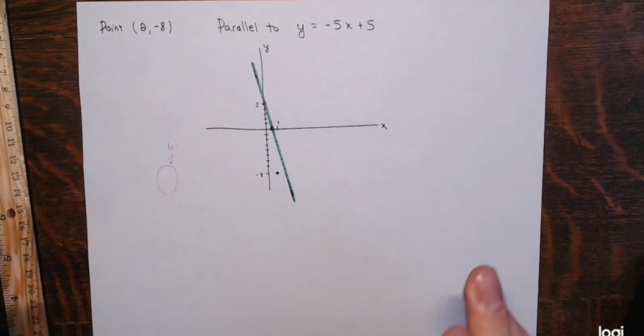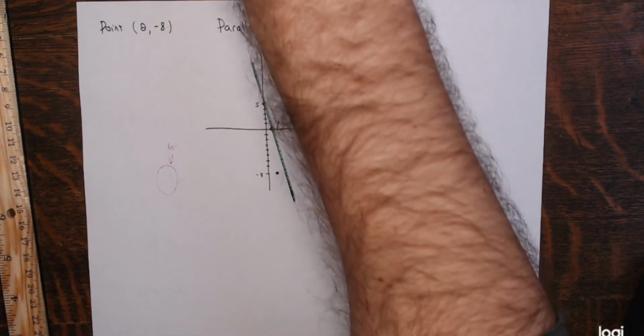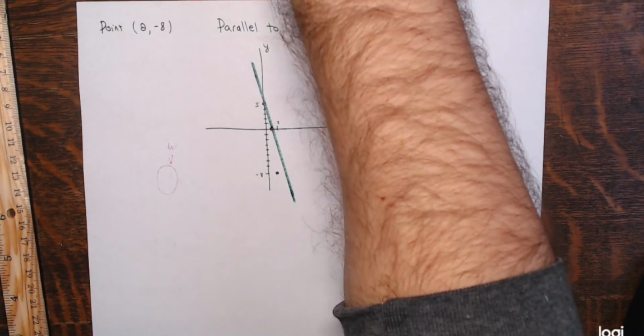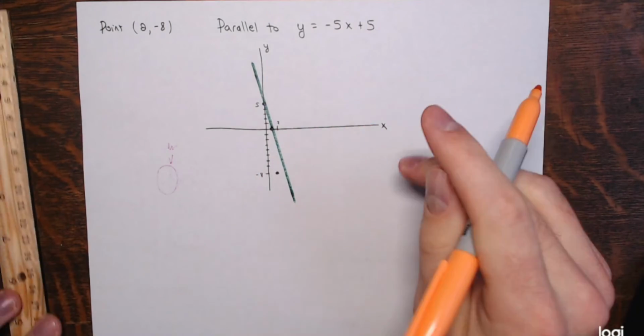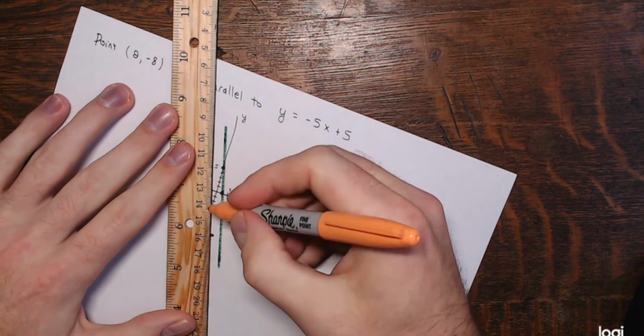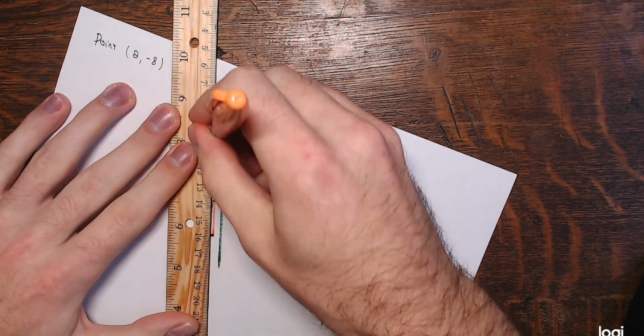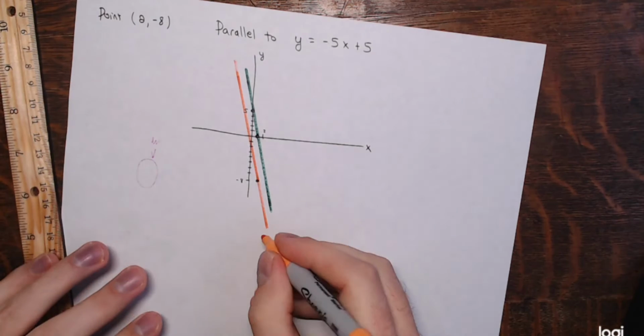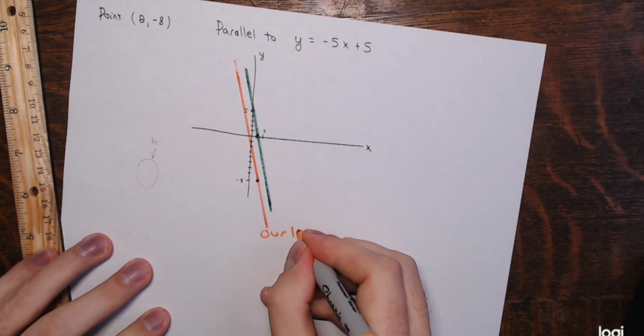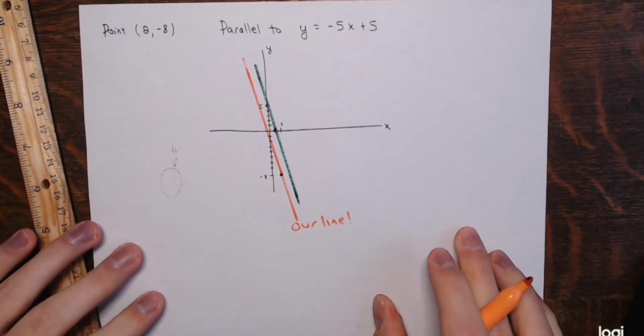Our line is this line here, right? It passes through the point 2, -8 and is parallel to that line, right? So like this. There's our line, right? And we need to know the equation for that.